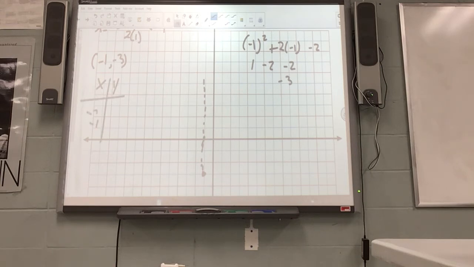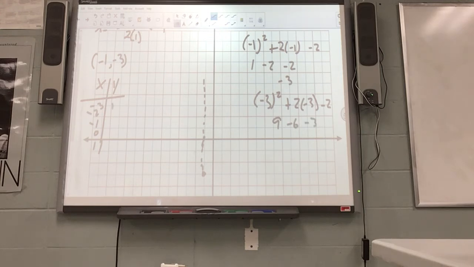Go a couple to the left and a couple to the right. So negative 3 squared plus 2 times negative 3 minus 2. So that gets me 9 plus negative 6. Wait, I have a question, what are we doing here? Checking this for?